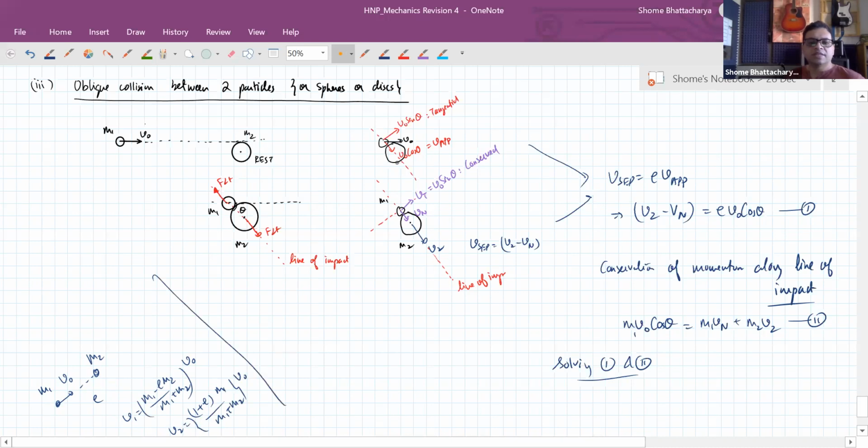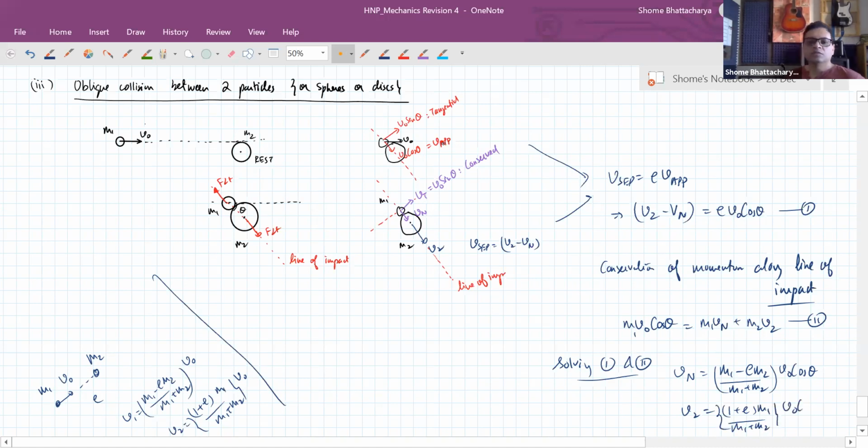Now in this case, along this axis, you have to just replace this V naught with V naught cos theta. And you have to replace V1 with the normal component of V1. So this normal component of V1 will come out to be M1 minus E M2 upon M1 plus M2 into V naught cos theta. And the second one will just come out to be 1 plus E M1 upon M1 plus M2 V naught cos theta.